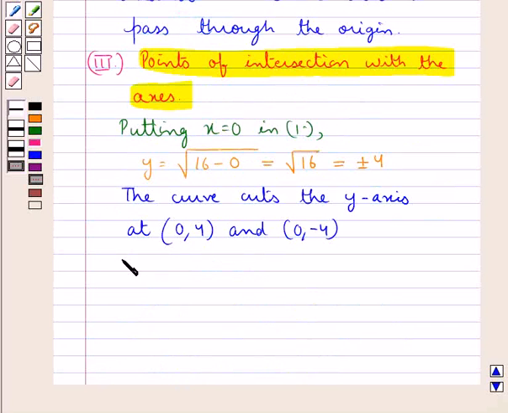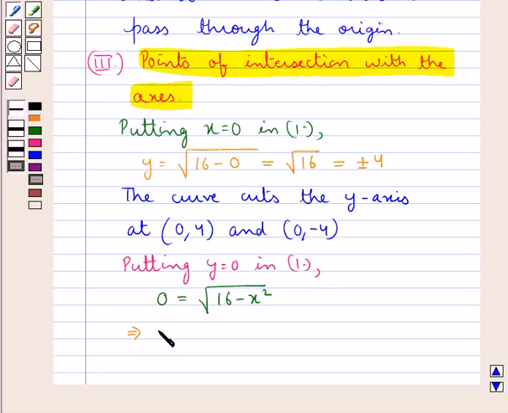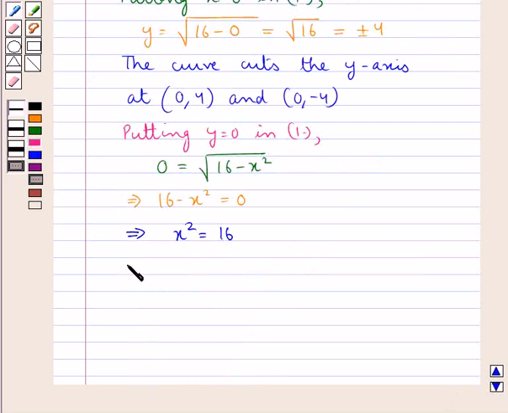Then next, putting y equal to 0 in equation 1, we get 0 is equal to square root of 16 minus x square, that is 16 minus x square is equal to 0, or we can say we have x square equal to 16, which gives us the values of x as plus minus 4.